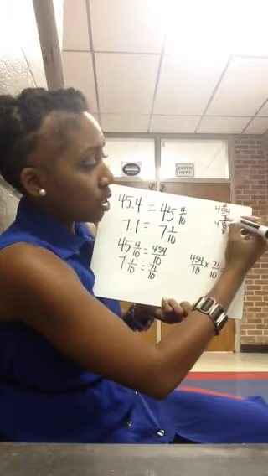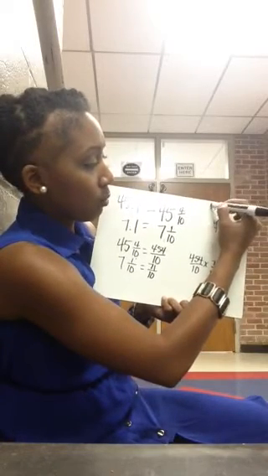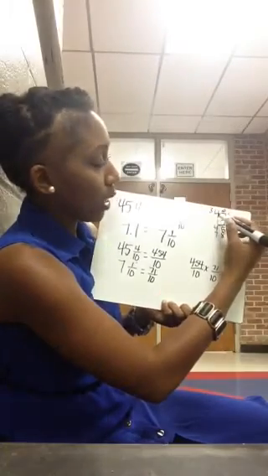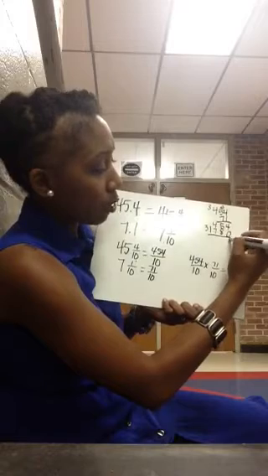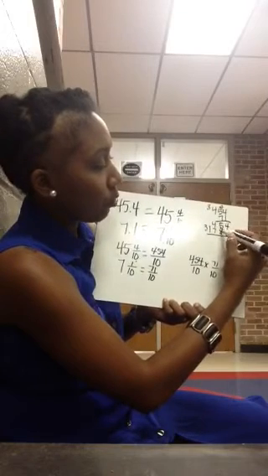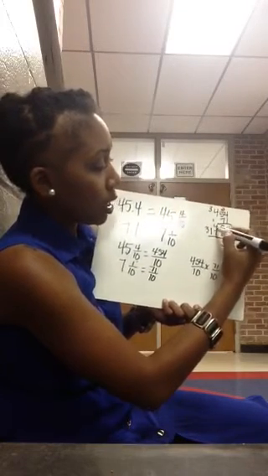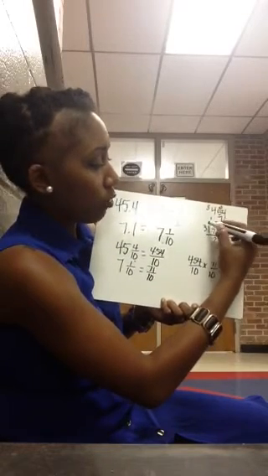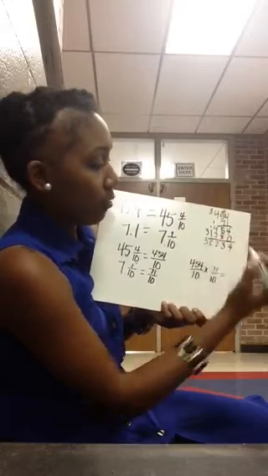Carry my 2. 7 times 5, 35, 36, 37. And then 7 times 4 equals 28, 29, 30, 31. Then I'm going to add those two up. 8 plus 5 equals 13. Carry my 1. 7 plus 4 equals 11, plus 1 equals 12. Carry. 1 plus 1 equals 2. And then I have 3.